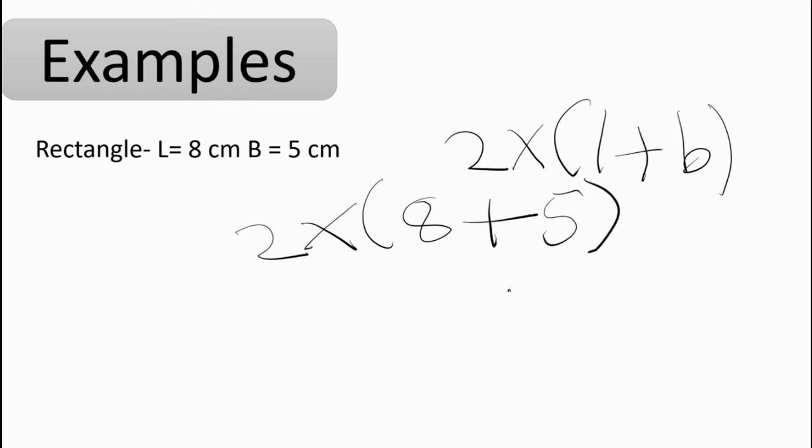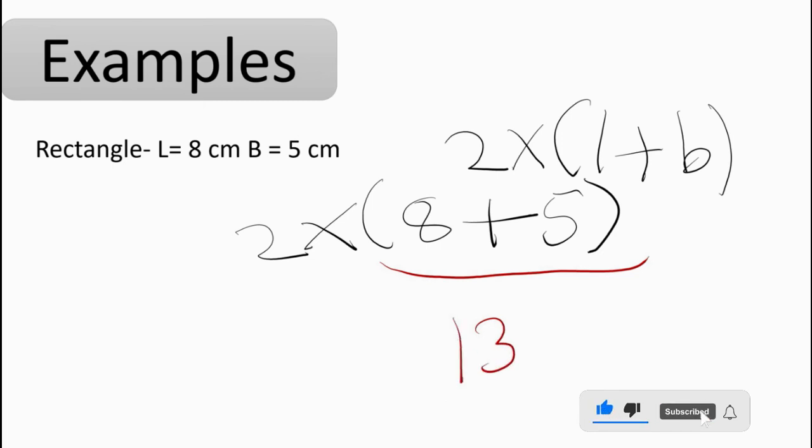Now 8 plus 5, we are first going to do this. Okay, so 8 plus 5 is 13. So it's going to be 2 into 13.